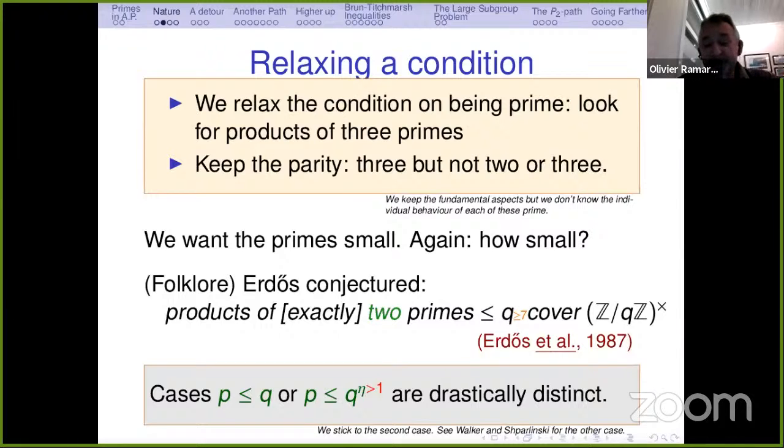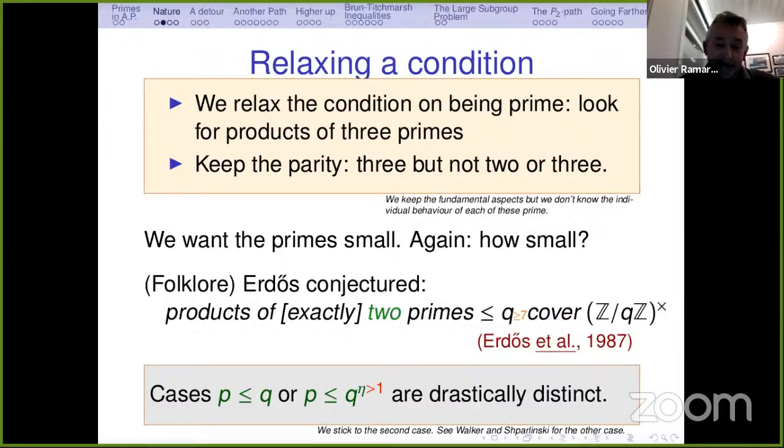At least you can find it in a paper by Erdős, Odlyzko, and Sárközy in 87. And this conjecture says that products of exactly 2 primes less than q cover (Z/qZ)*. And if you do some computation, you discover that it's not exactly correct, provided q is larger than 7. But once it's larger than 7, it should cover (Z/qZ)*.